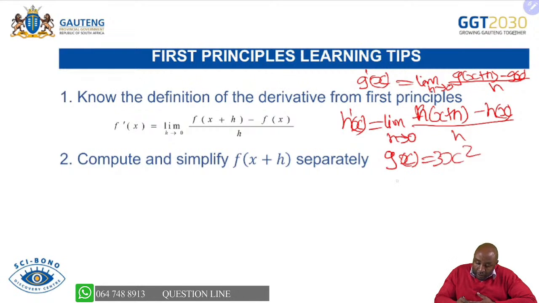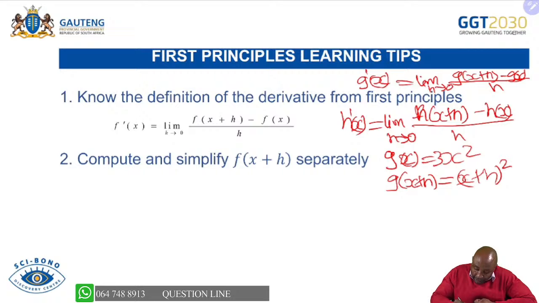It means we must first of all evaluate g of x plus h. So where there is x, we should substitute with x plus h. So this becomes x plus h squared, and we have our coefficient 3 there. And we should simplify this separately before we can substitute back into the formula.